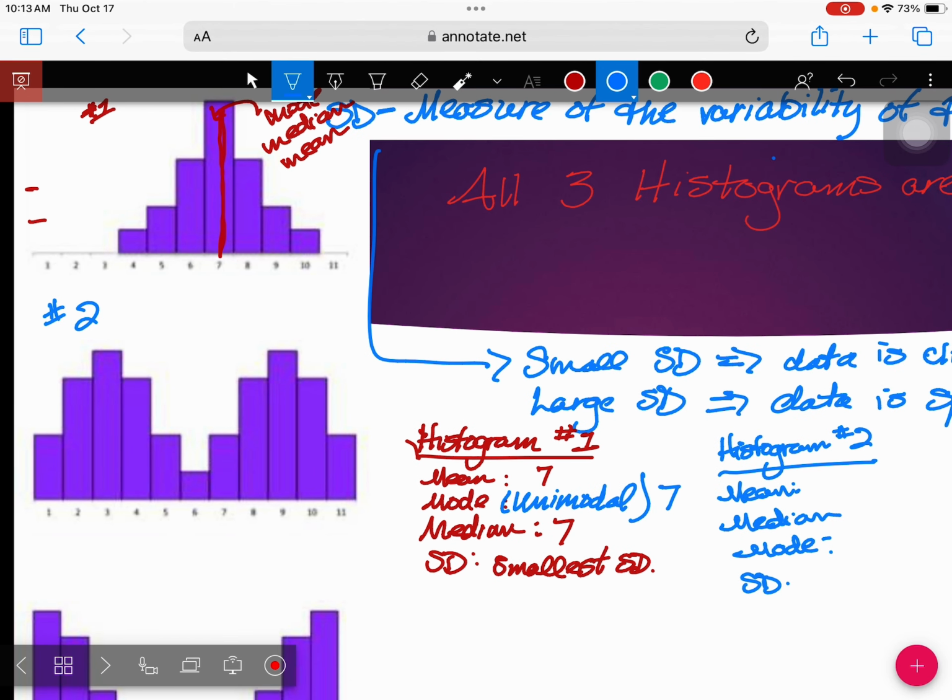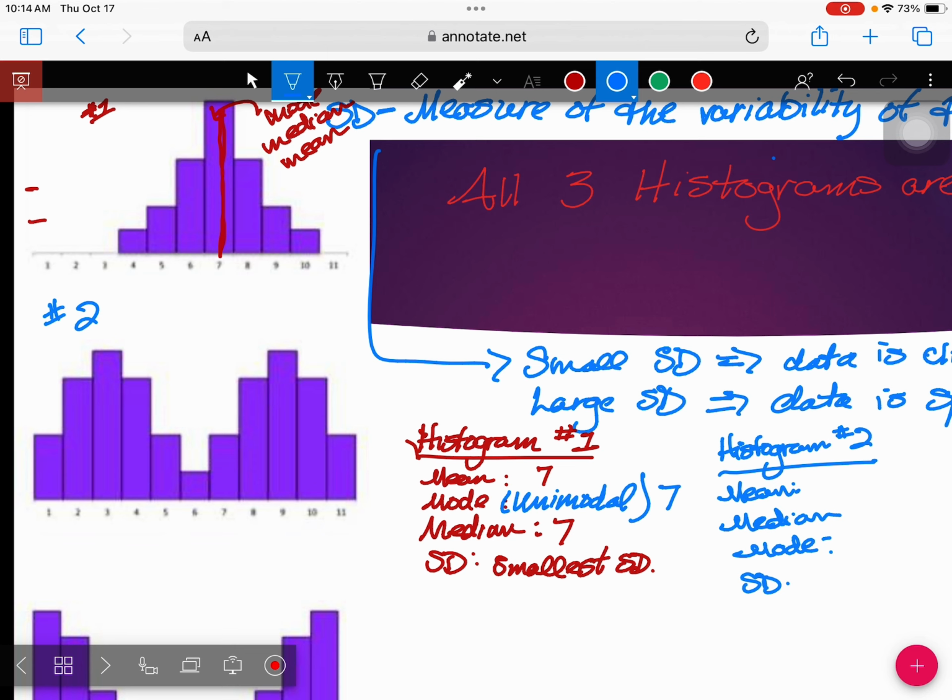It's the average. It is symmetric, right? Is it 70? No. What's my mean going to be between? 1 and 11. Good. That's a good place to start.